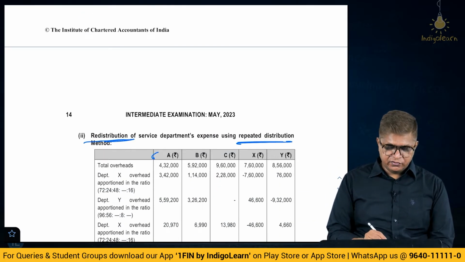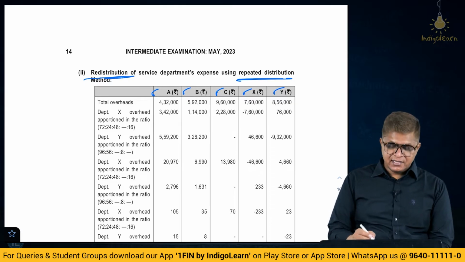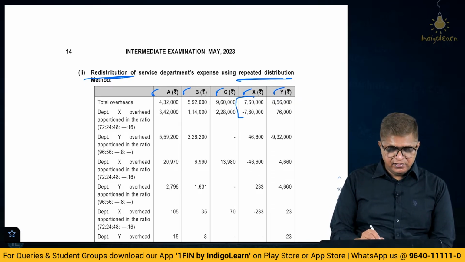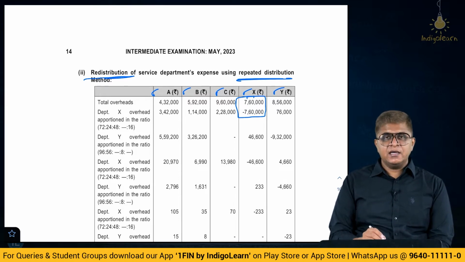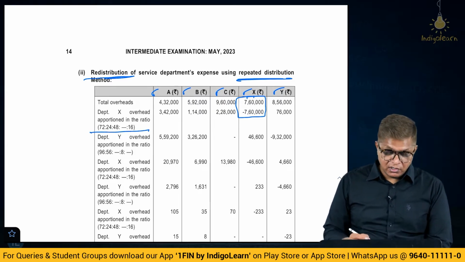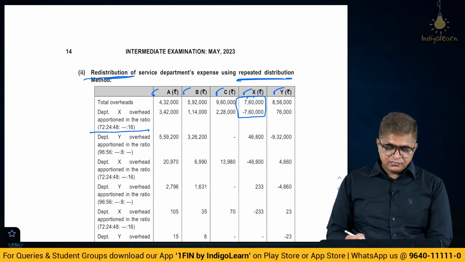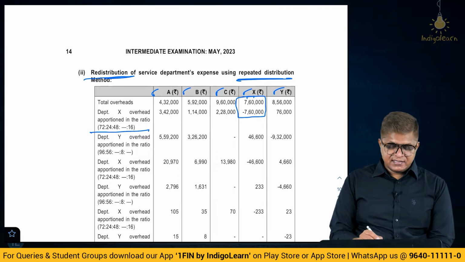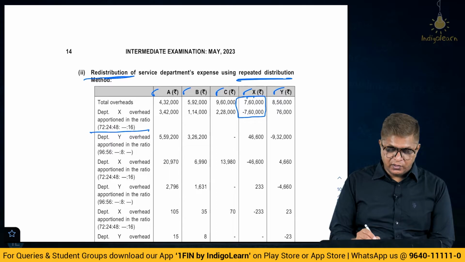So 4,32,000 for A, 592 for B, 960 for C, 760 for X and 856 for Y. Now first, department X, we will distribute it to departments A, B, C and Y in proportion of 72:24:48:16. So this is the requirement. Alright. So once we do that, this 7,60,000 gets distributed to all the 3 production departments and 1 service department Y. Now what will be the total of Y till this level?